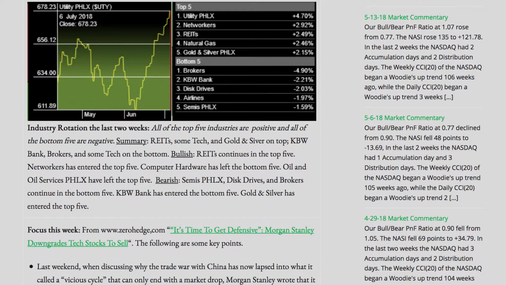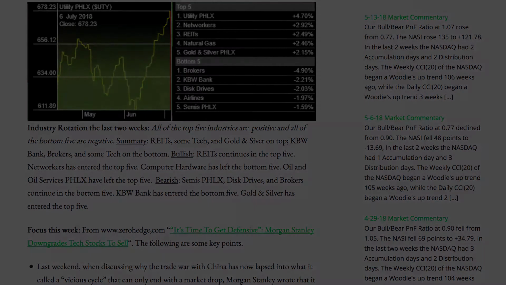Networkers has entered the top 5. Computer hardware has left the bottom 5. Oil and oil services have left the top 5. Bearish: semis, disk drives, and brokers continue in the bottom 5. KBW Bank has entered the bottom 5. Gold and silver has entered the top 5.